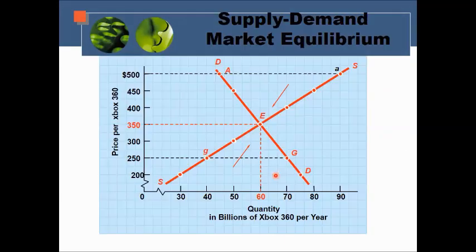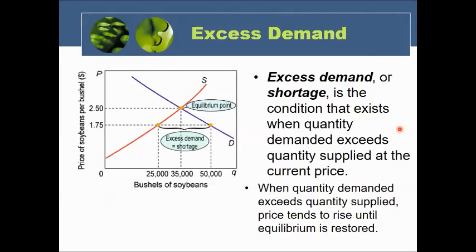So that's the purpose of equilibrium. Na walang sobra, walang kulang. So at the price of 350 na maibigay nila sa demand or sa buyer, they need to produce 60 units. Okay? So equal lang yung supply na ma-produce nila para sa need ng demand.